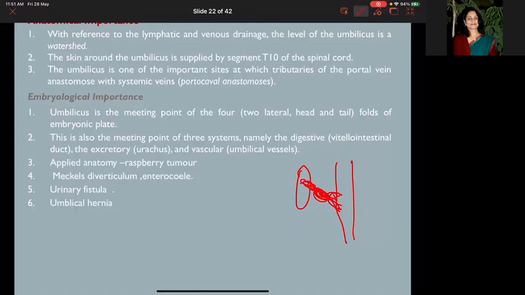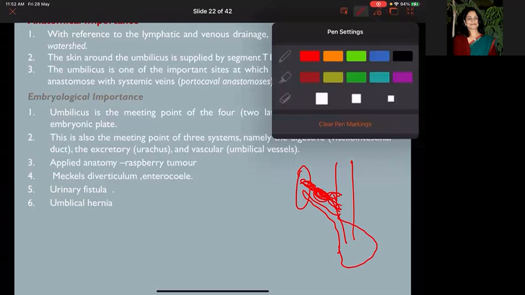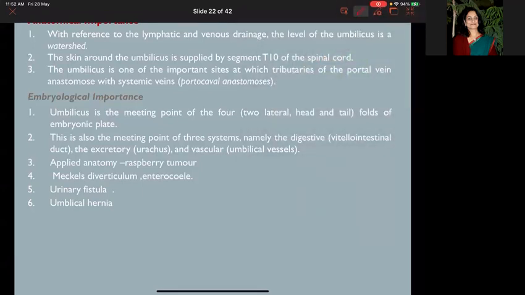Then there may be a urinary fistula. This is the umbilicus, and this is the urinary bladder, and this is the median umbilical ligament.